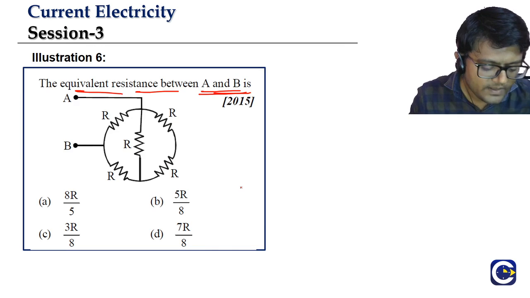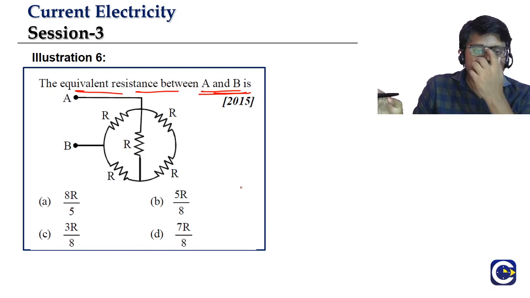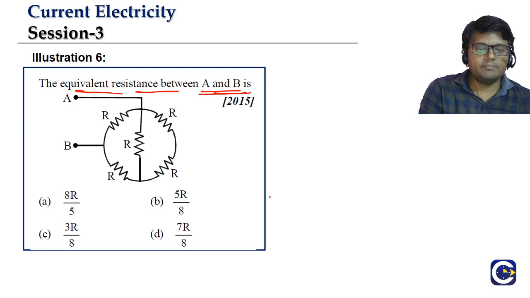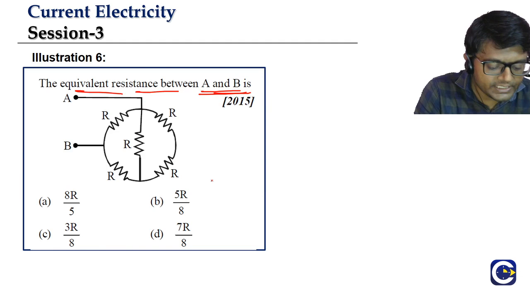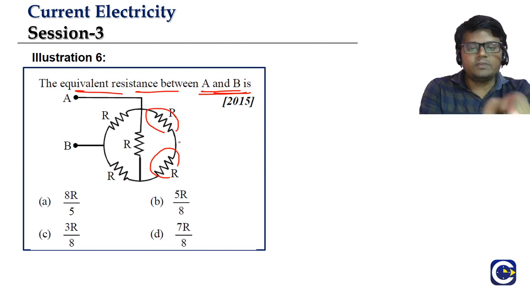We need to find the equivalent resistance between A and B. These kinds of questions, we always go by the simplification approach. If you see this R and R, we don't see any junction between them, which means these two are basically in series. When these two are in series, the equivalent of both of them is 2R.